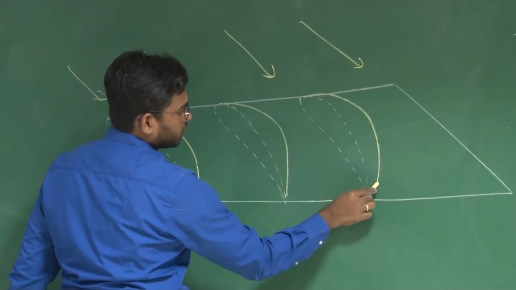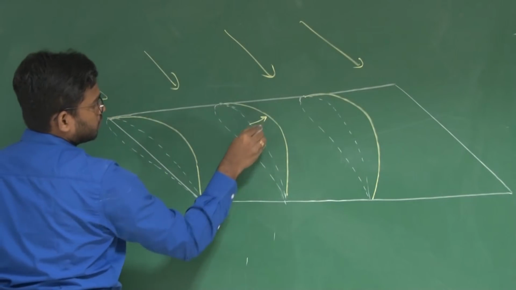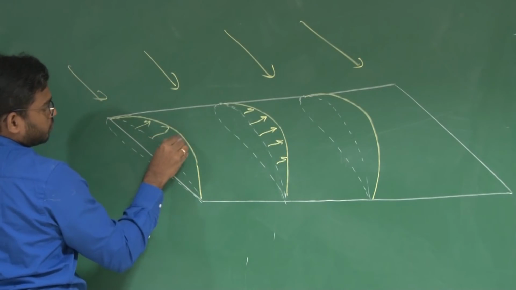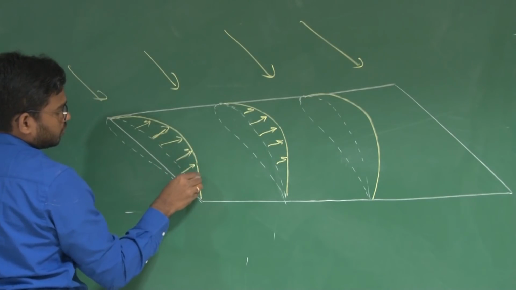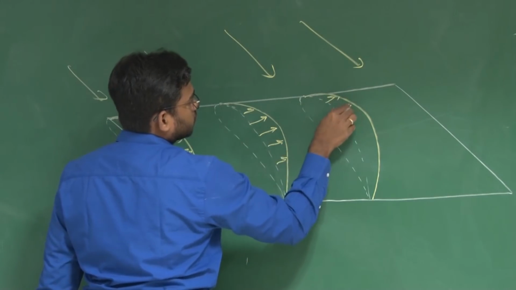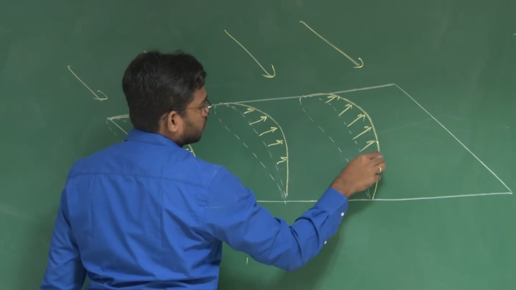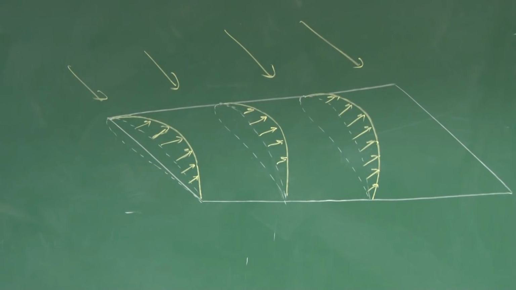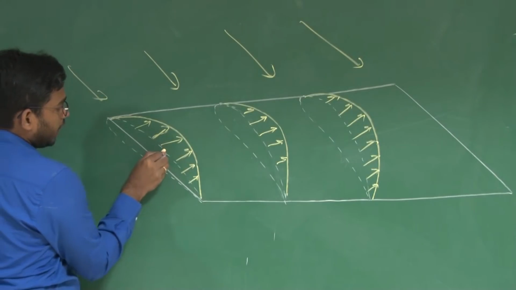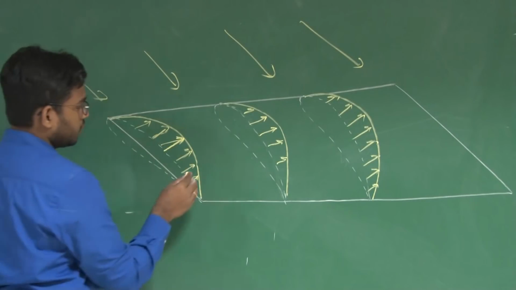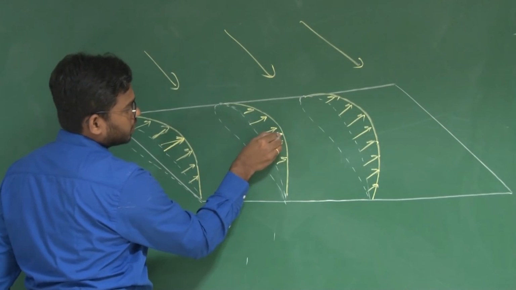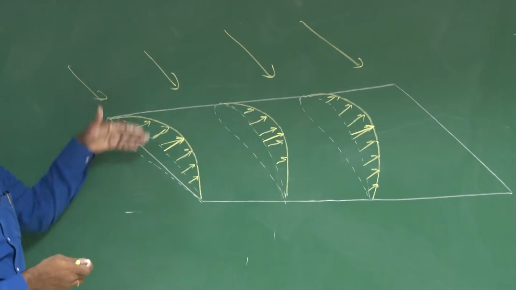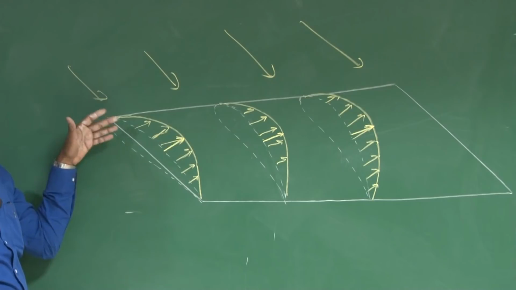So at each and every location you have a similar pressure distribution. Now you will have a resultant component of this at each and every point, maybe somewhere here, somewhere here. Since it is not tapered, it will lie on the same perpendicular plane to the wingspan.